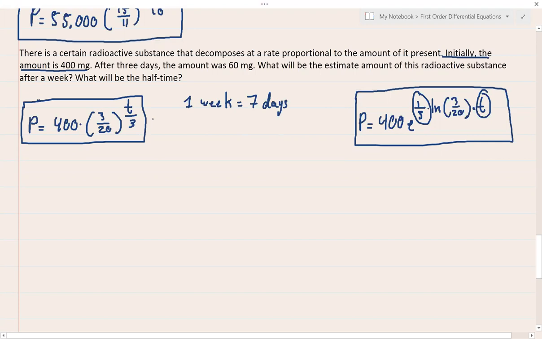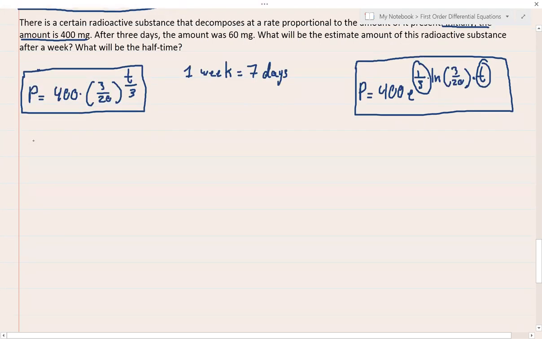So now let's substitute yung t mo as 7. So sa kabilang formula, 400 times 3 all over 20 raised to 7 all over 3. So ganon din sa kanan. Okay.